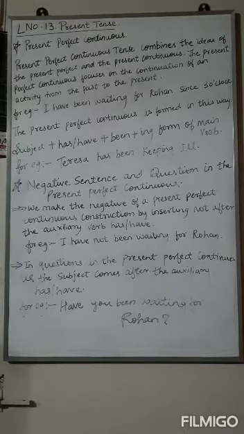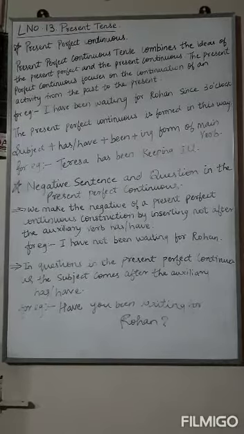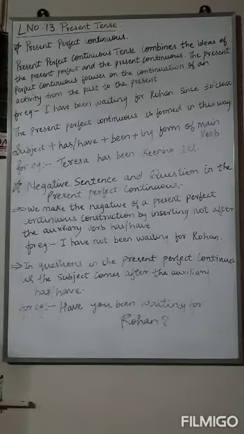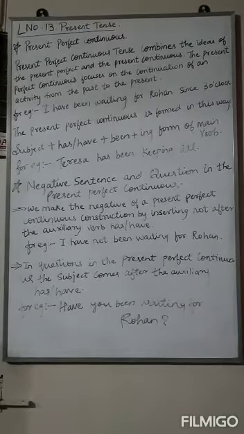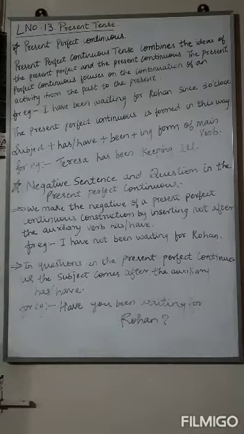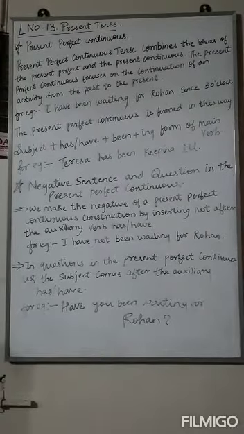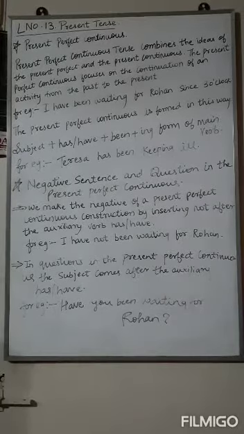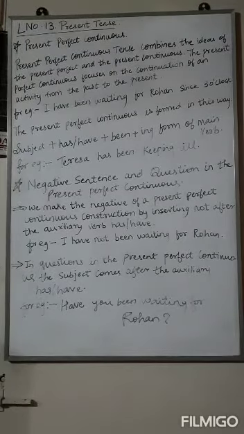Now how will you make sentences in negative and in question form of present perfect continuous? We make the negative of a present perfect continuous construction by inserting not after the auxiliary verb has or have. For example, I have not been waiting for Rohan. This is the negative sentence where we have added not after have.